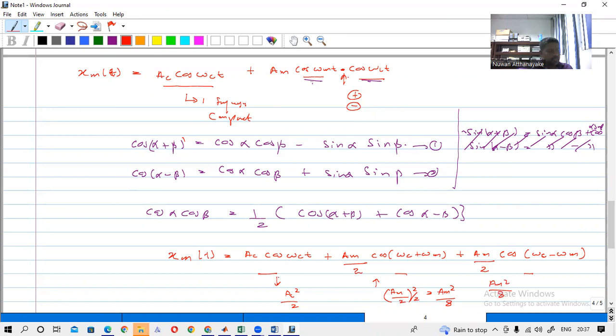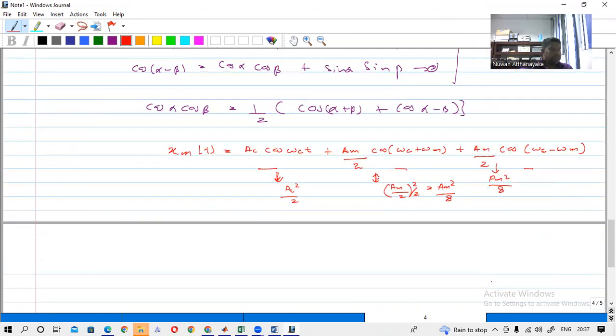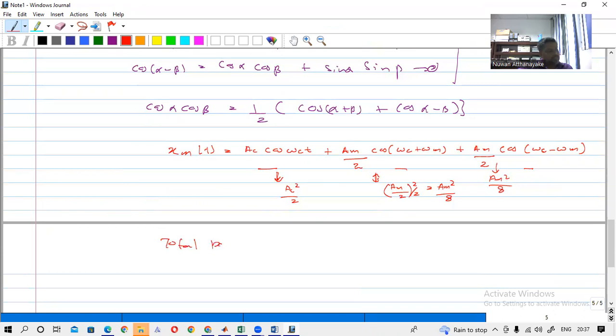What is the total power? Total power is the addition of all the powers, so you have AC square by 2, AM square by 8 plus AM square by 8. So this is the total power.